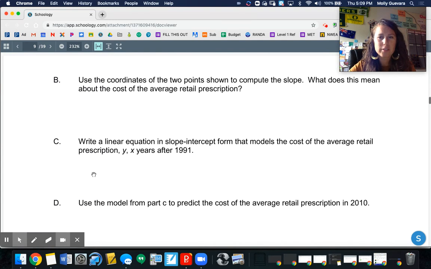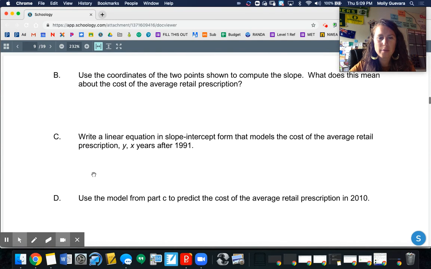So you'll have to look at your picture still as we do this. I just can't show both. So part B says, use the coordinates of the 2 points shown, which are 0, 24 and 7, 38, to compute the slope. What does this mean about the average cost? So let's do that slope first.